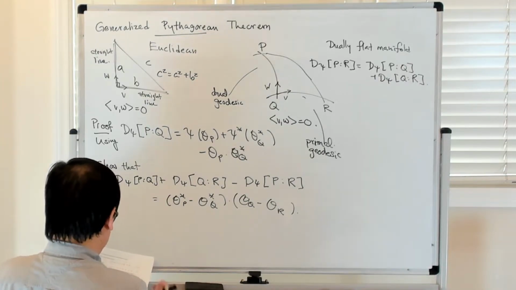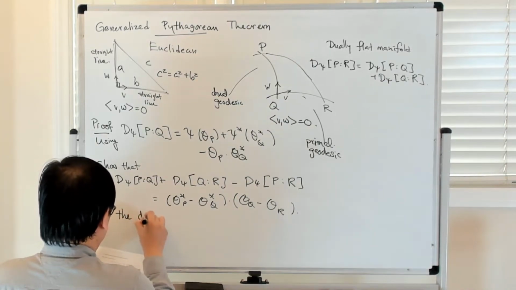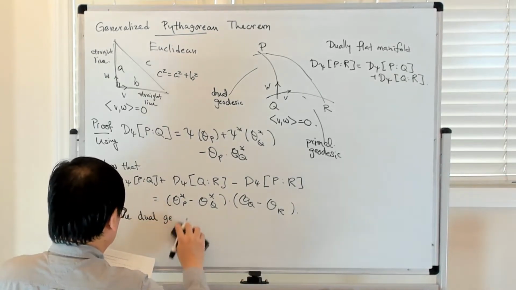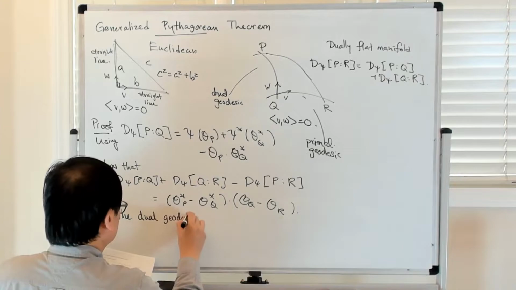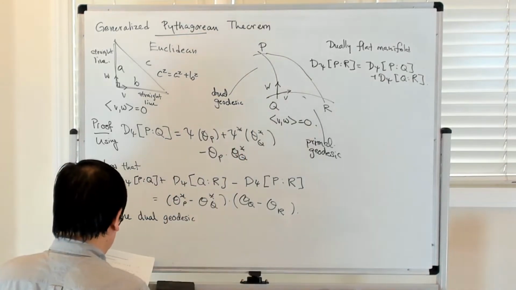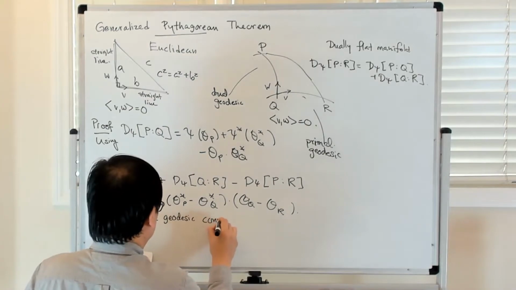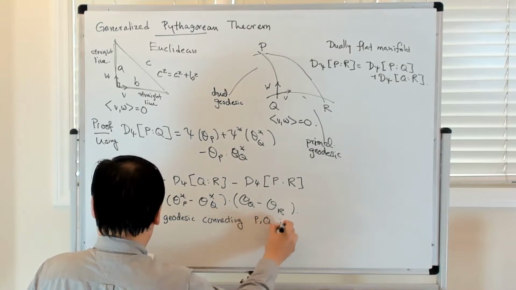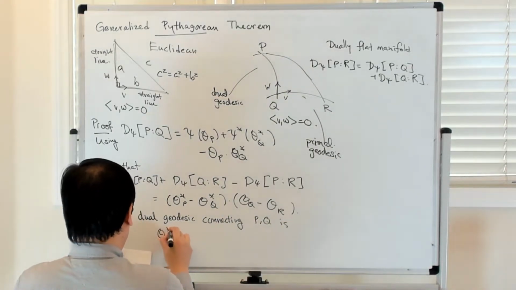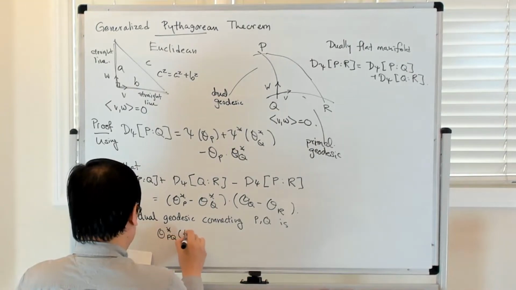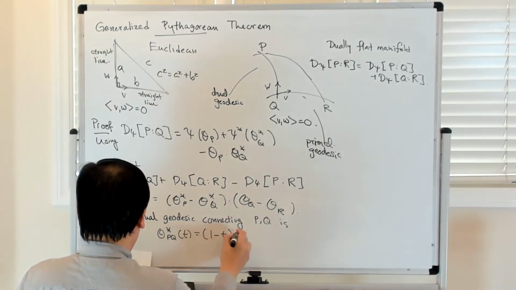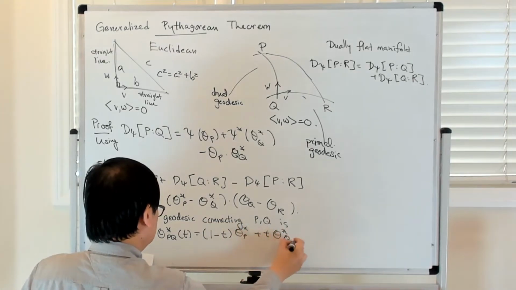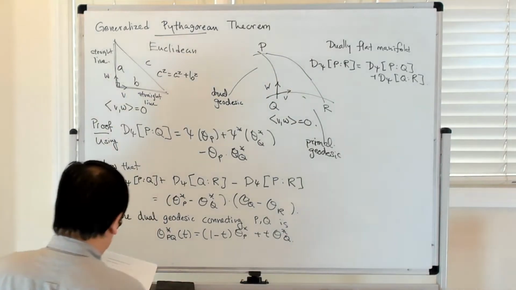Okay, so the dual geodesic connecting P and Q is theta star PQ, which depends on T, is this convex combination of these coefficients, right?